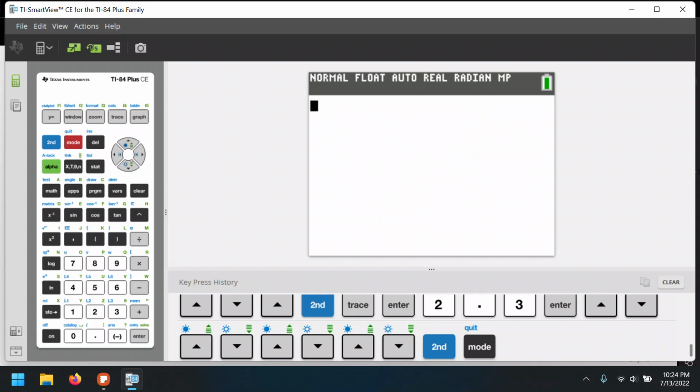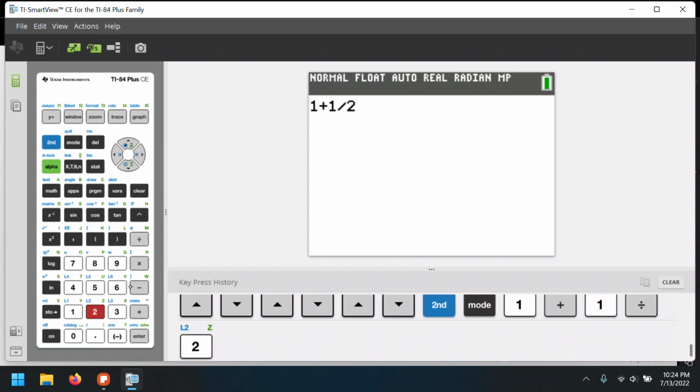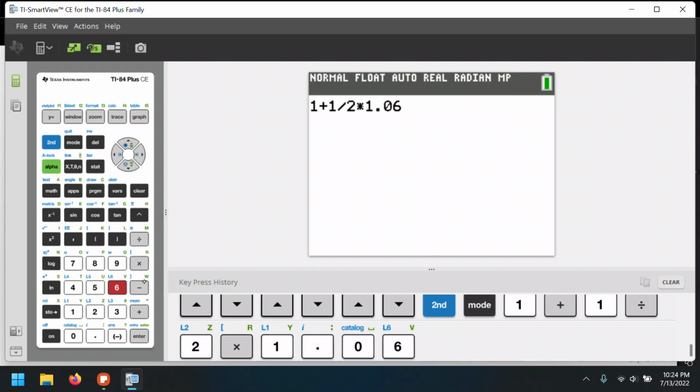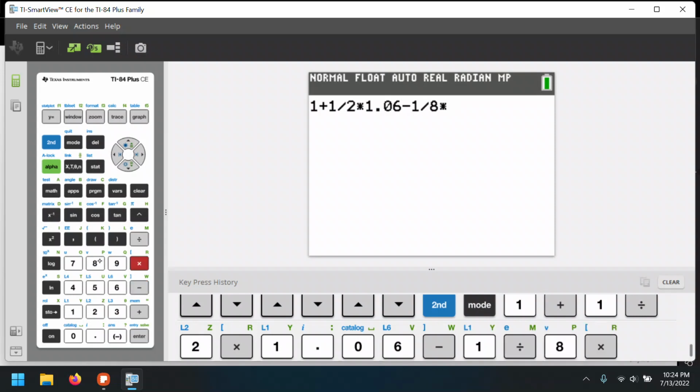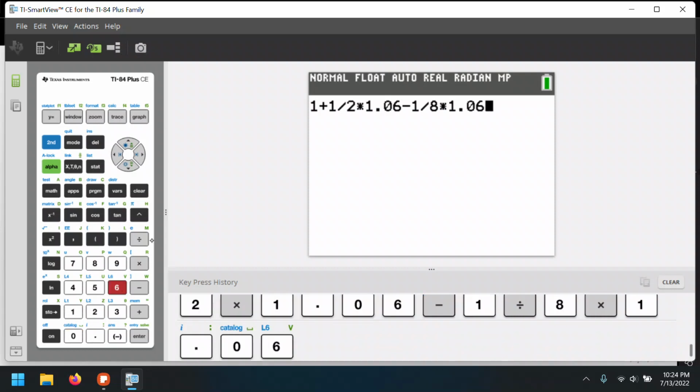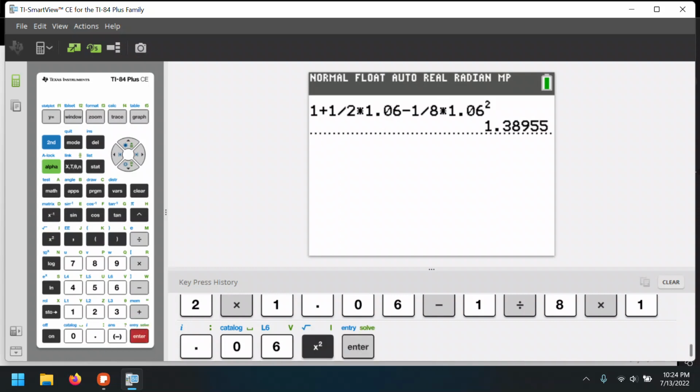So that's 1 plus 1/2 times 1.06 and then minus 1/8 times 1.06 squared, which gives 1.38955.